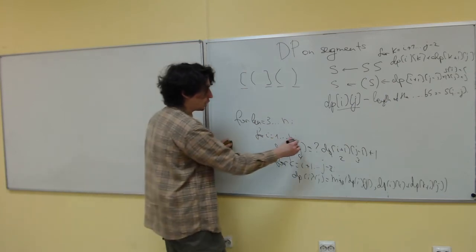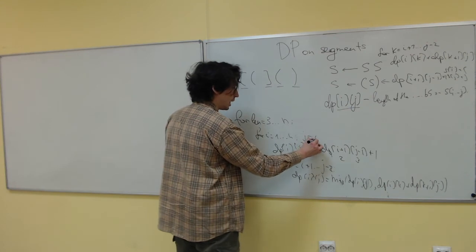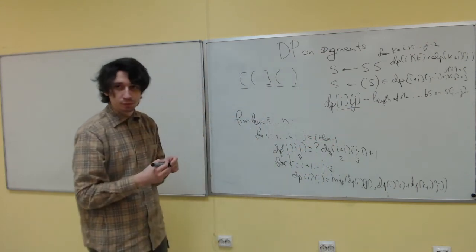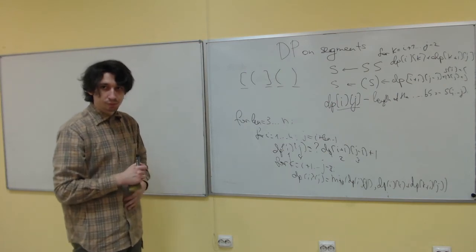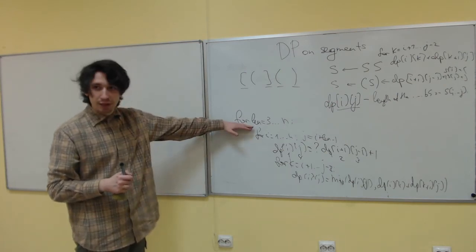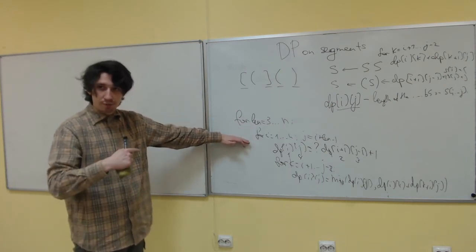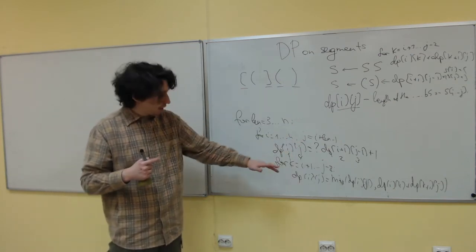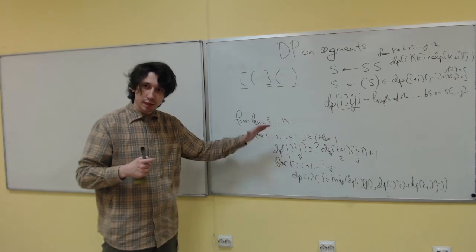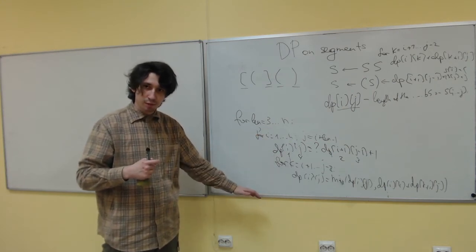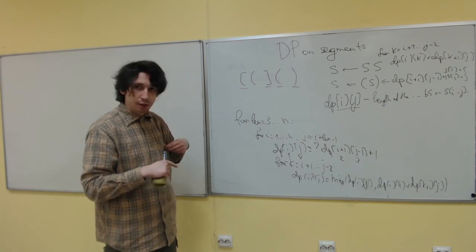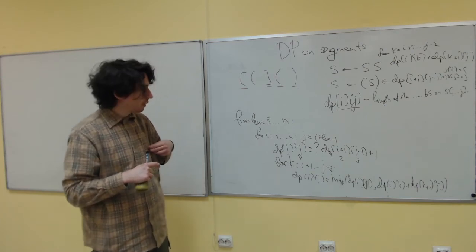Then you know that j is i plus len minus 1. If we fix the length and we fix the first symbol, then we know where the last symbol is, and then we can do exactly all as we wanted here. Is it clear? Yes. Okay, great.